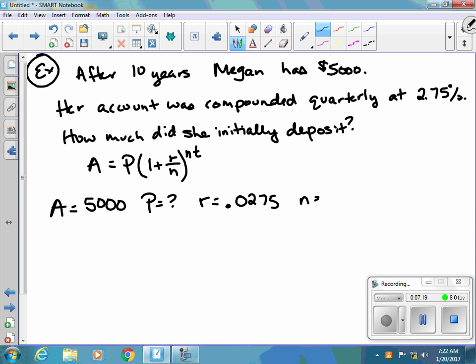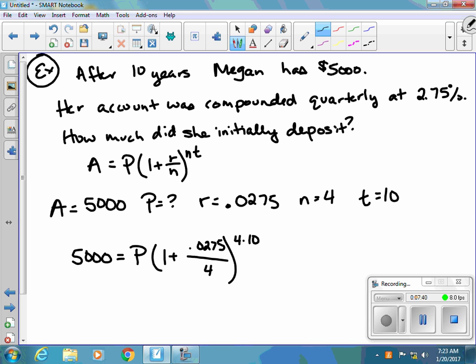N is compounded quarterly, so it's compounded 4 times in a year. And T is 10. All right, so we've got 5,000 equals P times 1 plus 0.0275 divided by 4 to the power of 4 times 10.